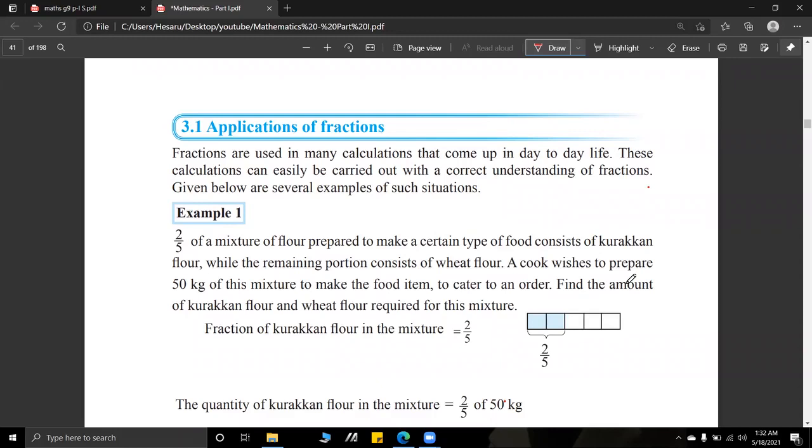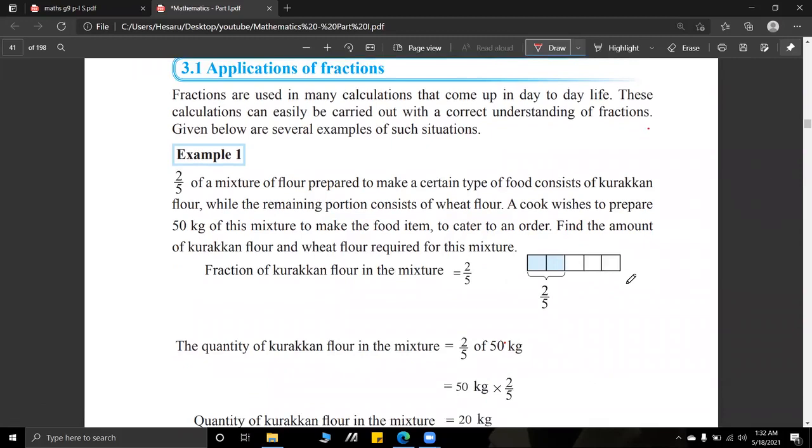From the first example, they are saying that they are going to cook a food. 2/5 of a mixture of flour prepared to make a certain type of food consists of kurakan flour.